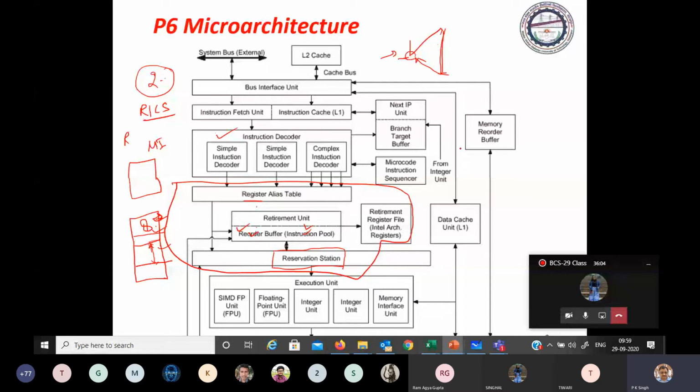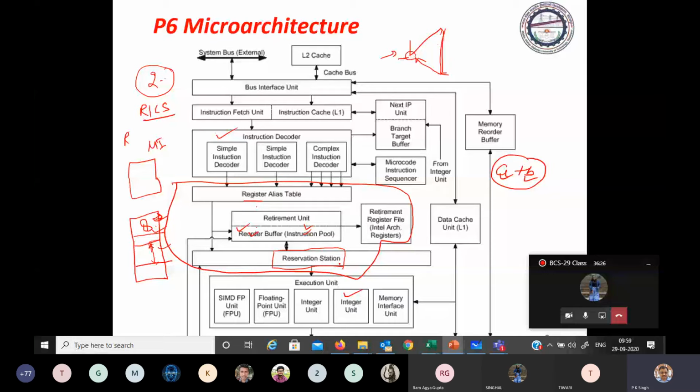Suppose there is an instruction to perform addition of A and B, 2 operands. Are these operands generated or not? If these operands are generated, only then will the reservation station allocate that instruction to an integer unit to perform integer addition.